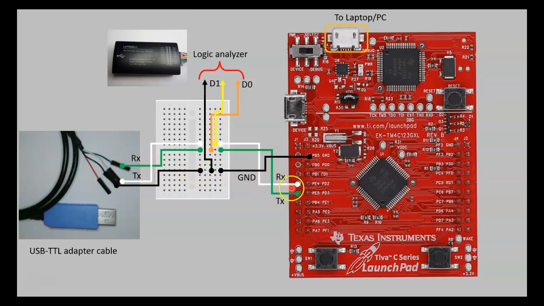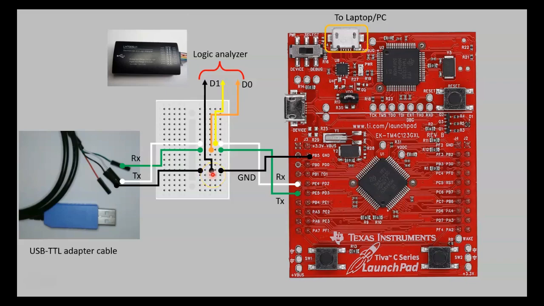And then PE4 on the board, which is to receive the RX, is connected to the TX of the USB TTL adapter cable. And then, not forgetting the ground of the board, that is connected to the ground of the USB TTL cable.